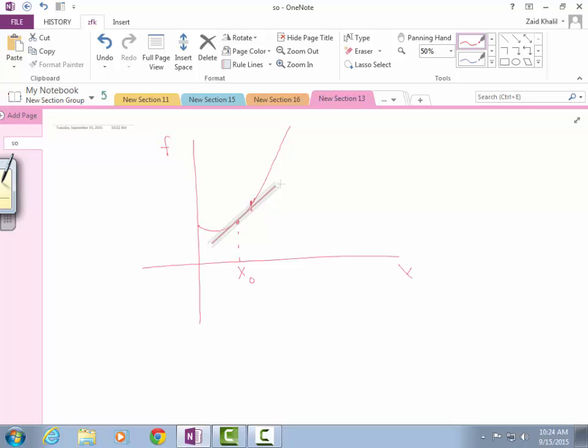And notice, at this point x, how close is my approximation? That's right. In other words, it's just this distance, that right there.